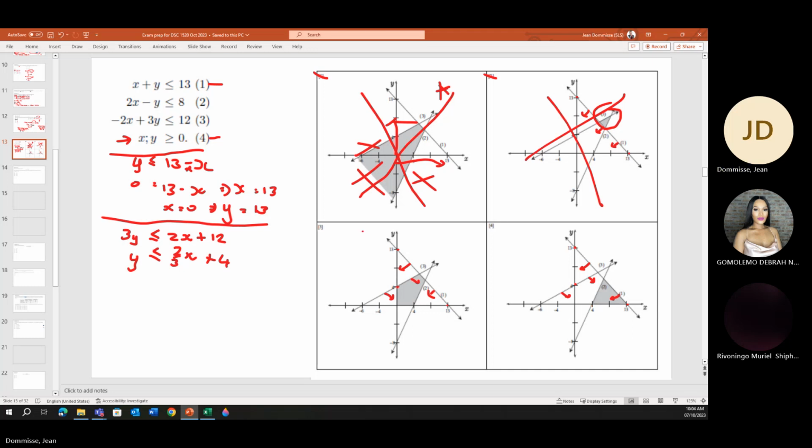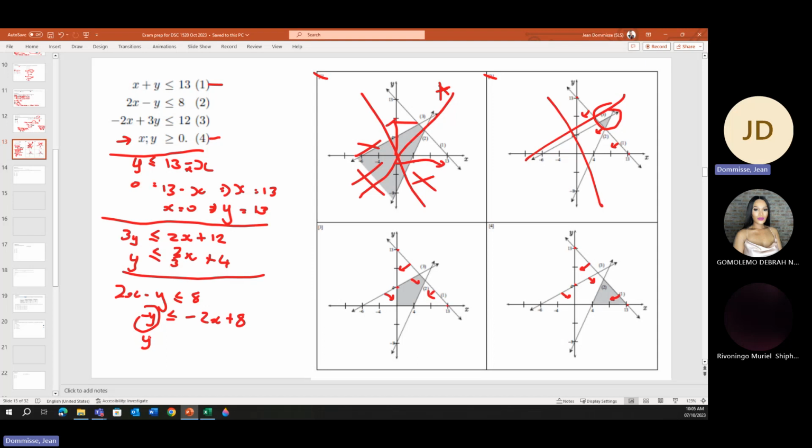Okay, so then the last one is 2x minus y smaller or equal to 8. Okay, so let's just get all the x's on the right hand side. So y bigger or equal to 2x minus 8. Okay, so when I want to make that y positive, the important thing is that the sign will change.